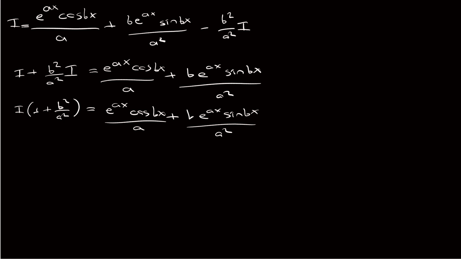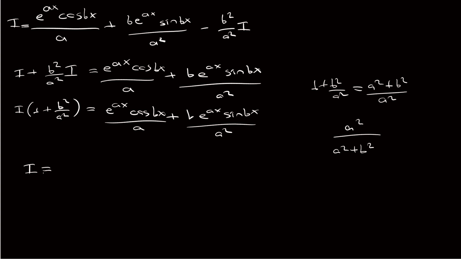I will divide both sides with this term. 1 plus b squared over a squared. I can write this as a squared plus b squared over a squared. So this means we will be multiplying both sides with a squared over a squared plus b squared to save ourselves from this term.